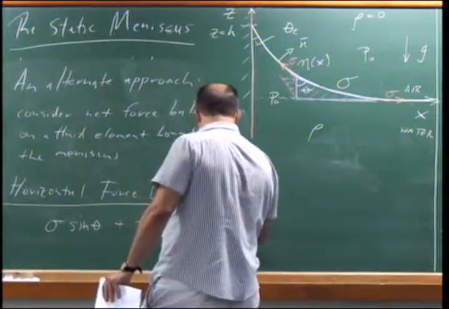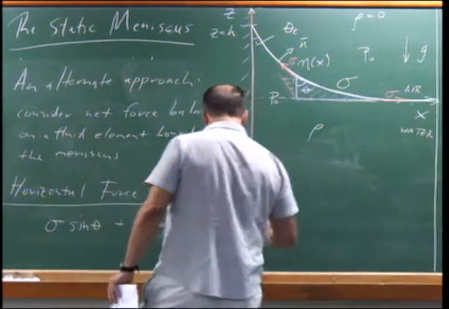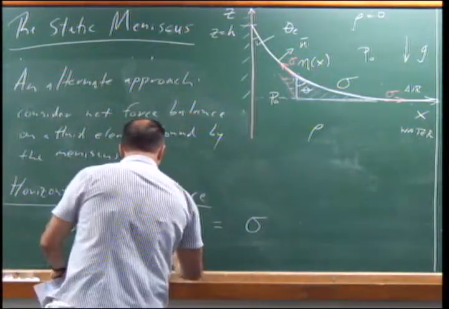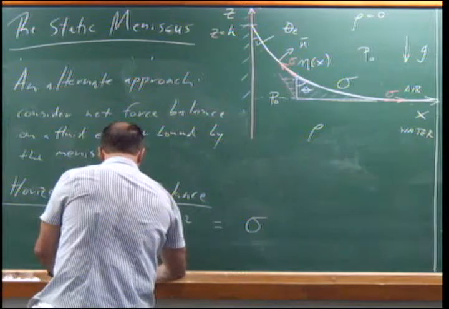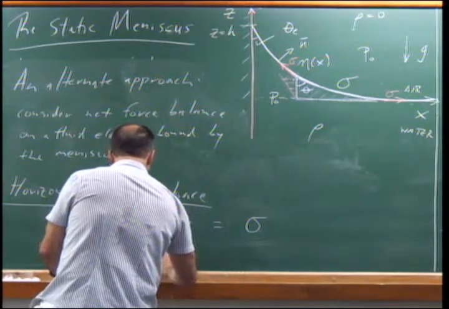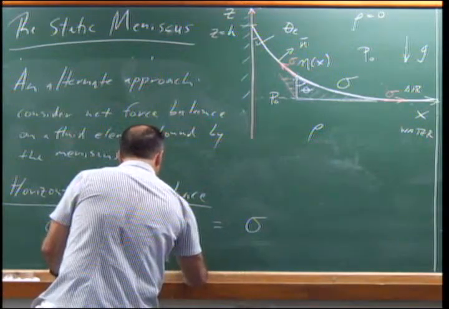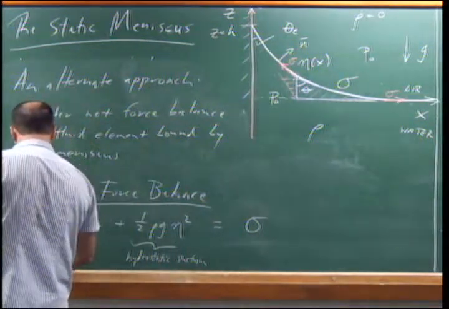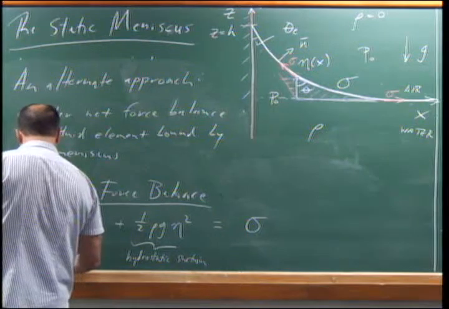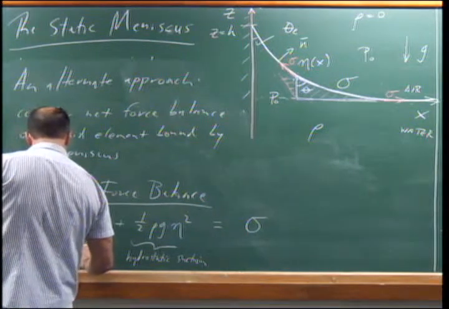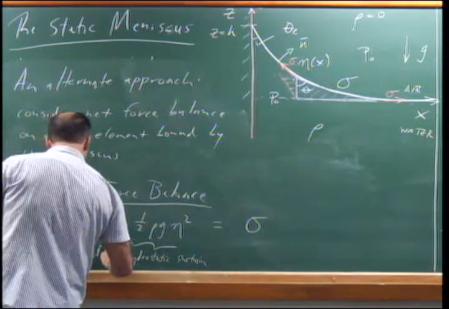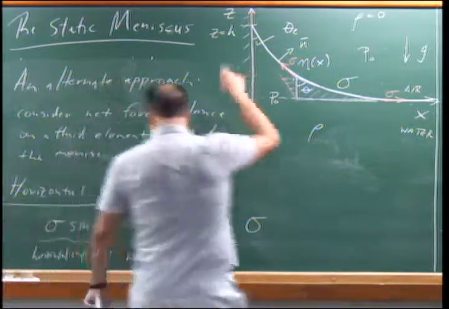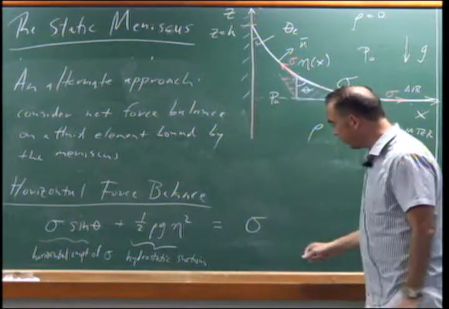And then we have sigma pulling to the right, so these are both pulling to the left: the hydrostatic suction, and this is again the horizontal component of the surface tension force, which is just pulling.